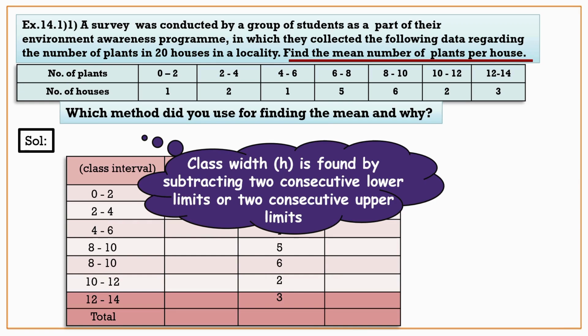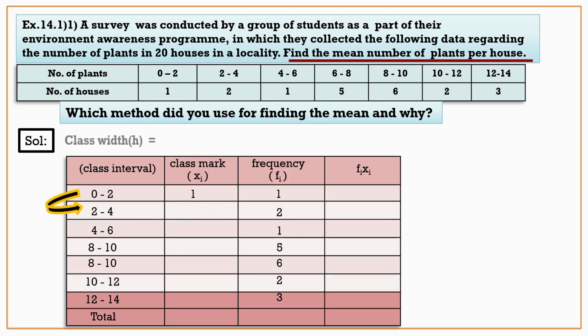Now in this case, what is the class width? Class width, that is the h, is found by subtracting two consecutive lower limits or two consecutive upper limits. So here let's take the lower limit. Class width will be 2 minus 0, that is equal to 2.